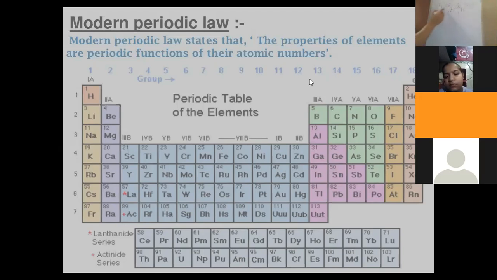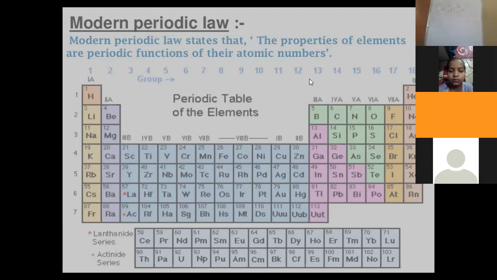As our modern periodic table is based on atomic number, all the isotopes will be placed in the same group, at the same place. Because their atomic number is the same, they all have to be in group number 1, right? This is also one of the anomalies which has been removed. The first was a proper place for hydrogen, which has been provided in the modern periodic table.